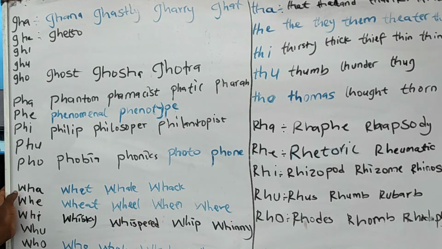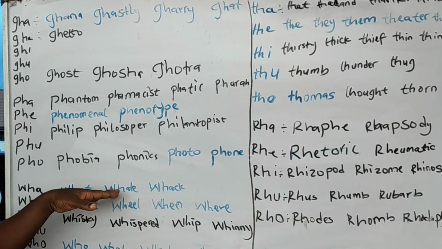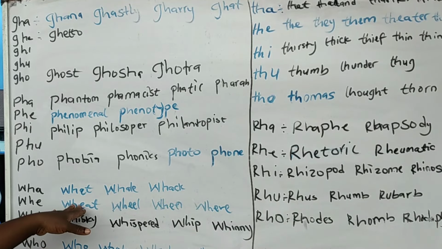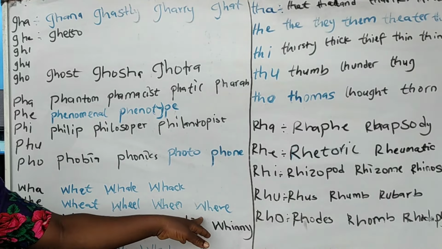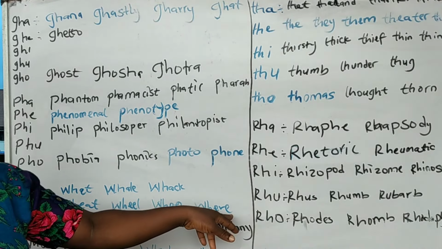The next one, which is the WHA downwards, we have wa, where, we, wo, woo, wa, we, we, wo, woo. Okay, right? So we have words following them like what, wall, whack. We have the where sound, we have the wait, the will, the when, where, with, will, when, and where.